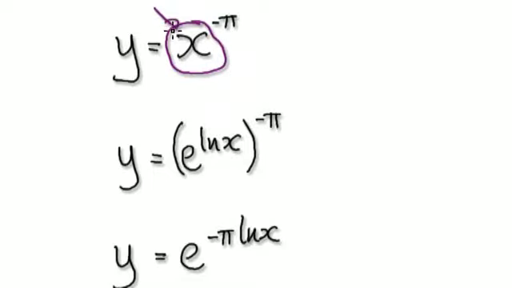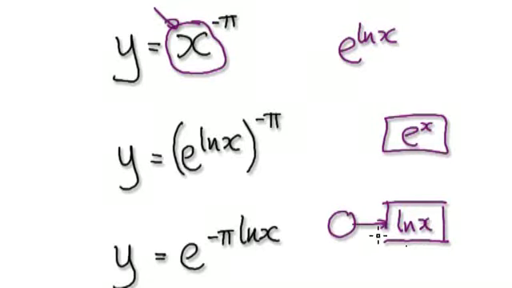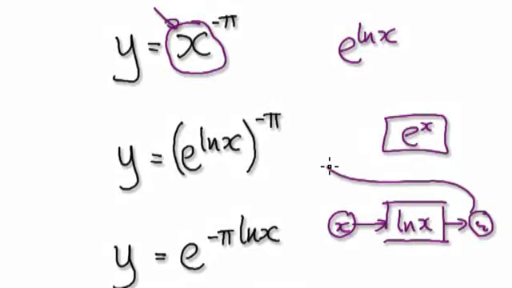Now rewrite this x as e to the natural log of x, because remember we would start out with our function, e to the x, and then we would create an inverse version of our function, which is natural log. If you put x into this machine, and you get something, and then put that into here, you're going to get back out x.